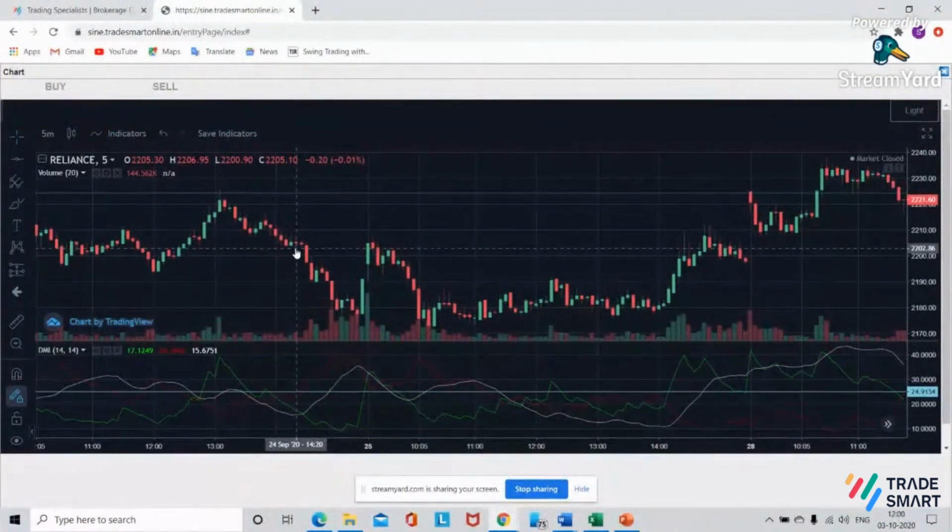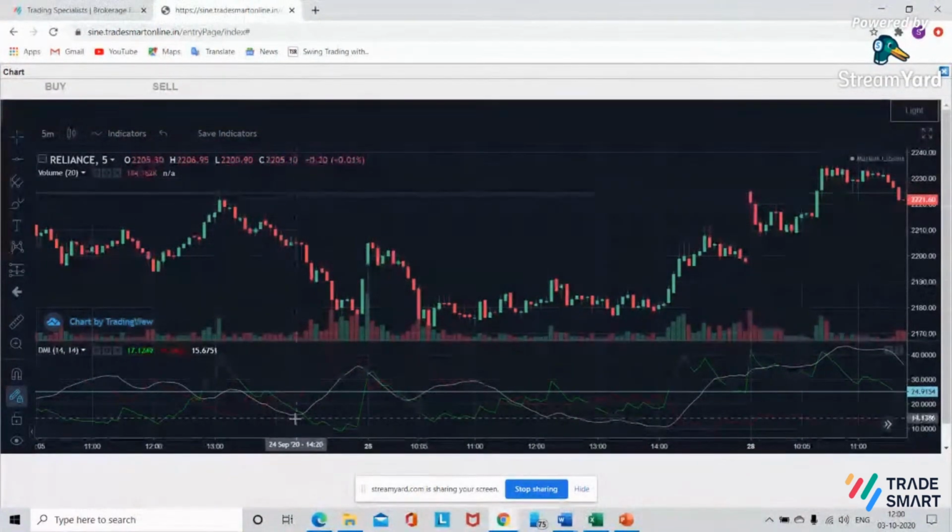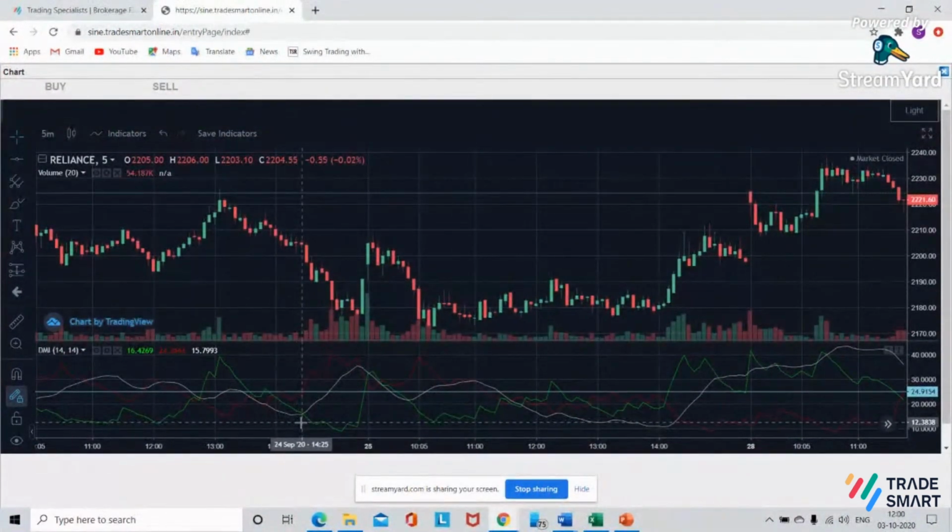When it goes down to 15 or 10 and significantly increases to 20 or 25, that also shows strong momentum in the market. And then see the crossover, what is happening, whether plus or minus, which line is crossing what.